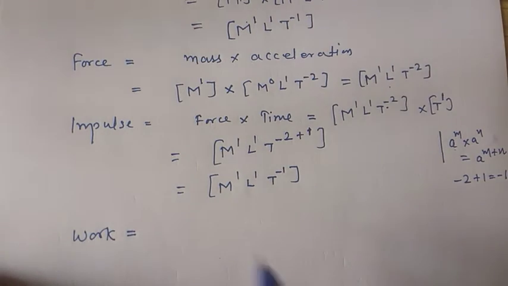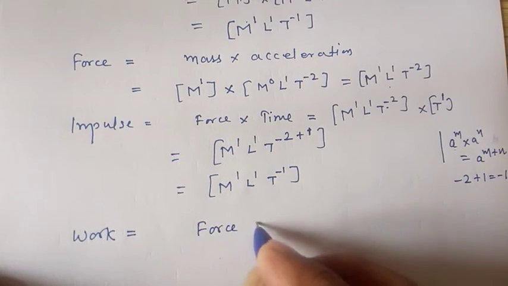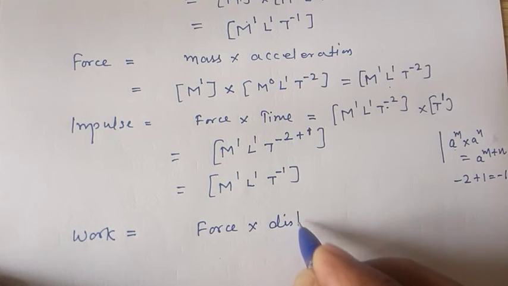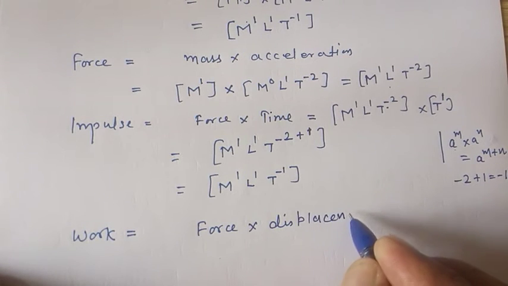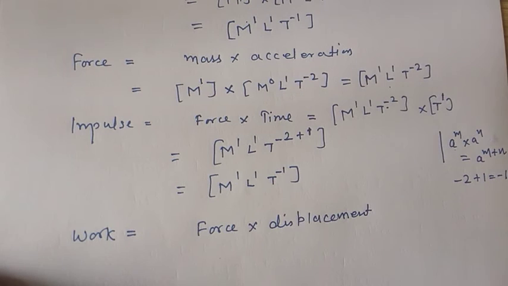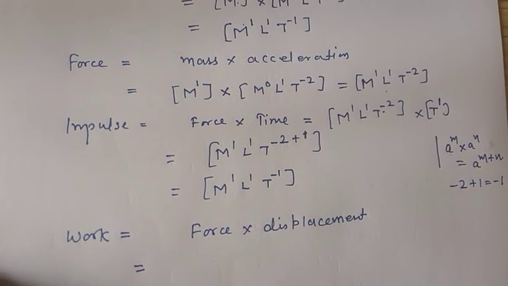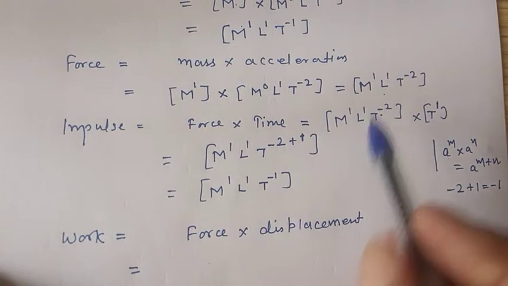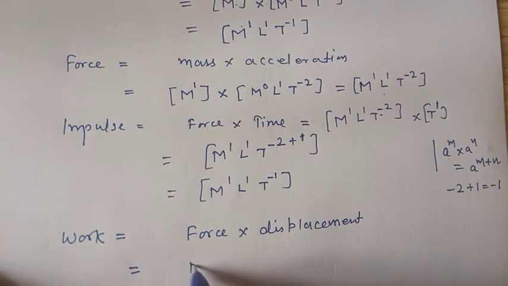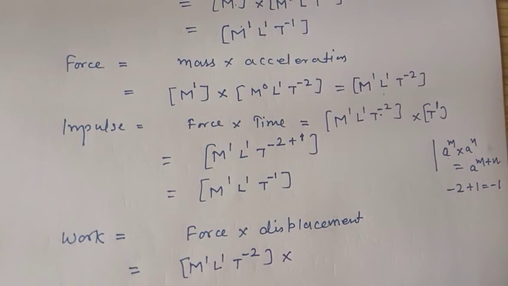Now let us calculate the dimension formula for work. Work is the product of force into displacement, or you can say force into distance. So now you can directly apply the dimension of force, that is M power 1, L power 1, T power minus 2.